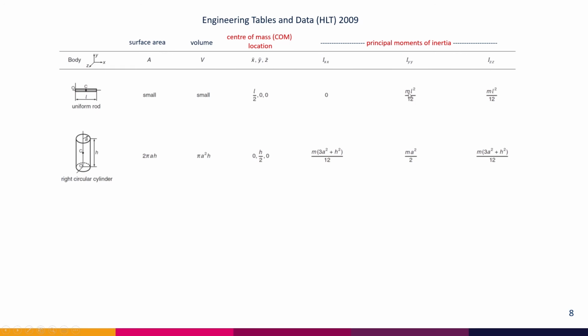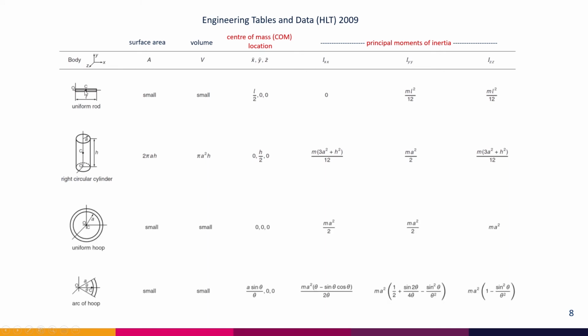So in these formulae, we have the mass, and then we have things to do with the geometry, the length down here, the radius, and the height of the cylinder. And the point C here is the center of mass. Let's look at two other objects in our table. We have a uniform hoop and the arc of a hoop.